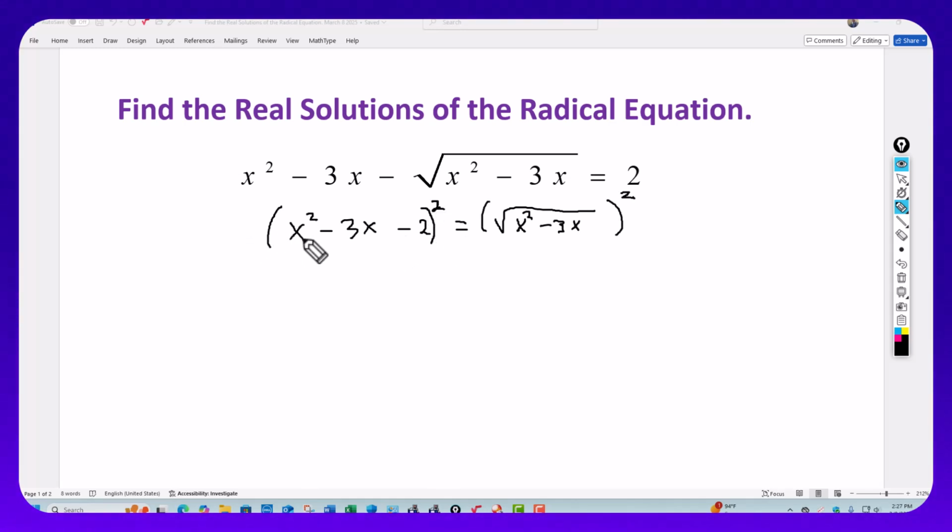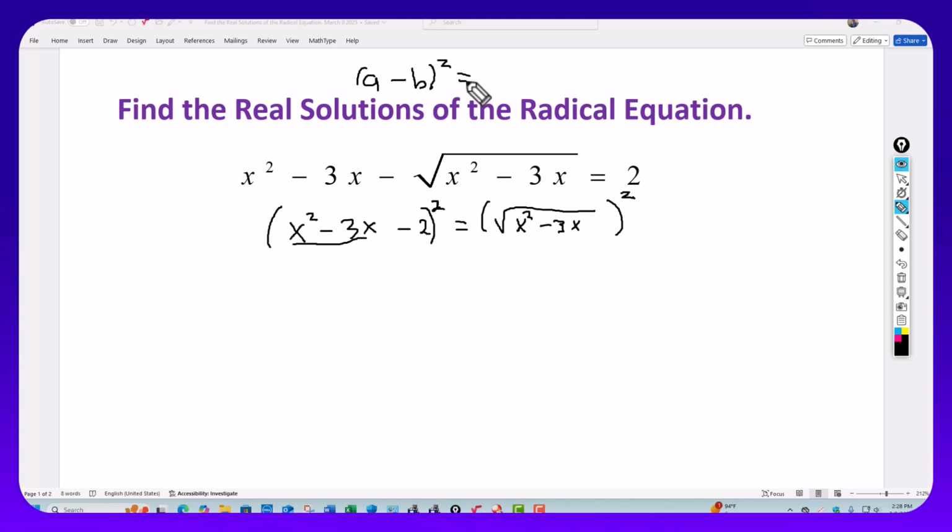On the left side, I have x squared minus 3x minus 2, quantity squared. So this gets multiplied by itself. But I'm going to look at that as a binomial, this expression minus this expression. So I can use this little formula from algebra: you have a minus b quantity squared. Treat that as a binomial.